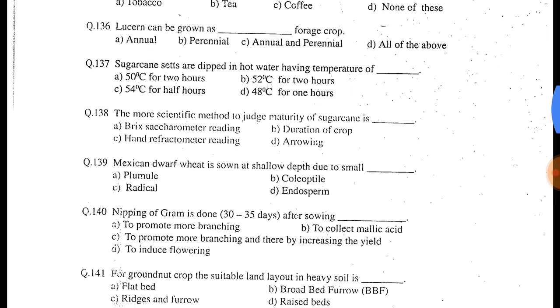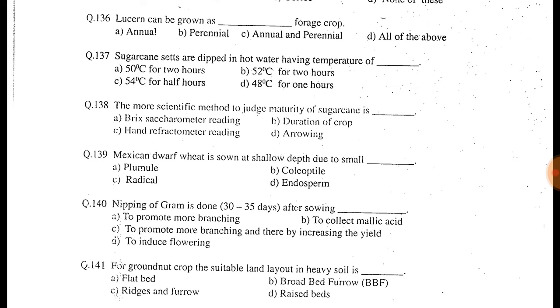136. Lucerne can be grown as all of the above. 137. Sugarcane sets are dipped in hot water having a temperature of 50 degrees for 2 hours. 138. The more scientific method for judging maturity of sugarcane is Brix saccharometer reading. 139.